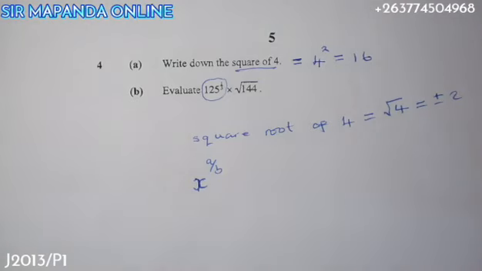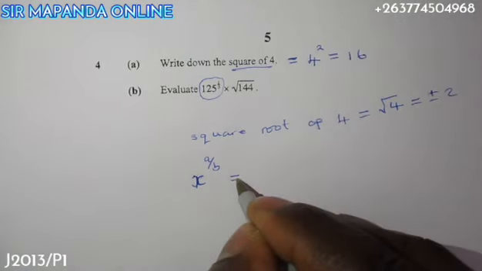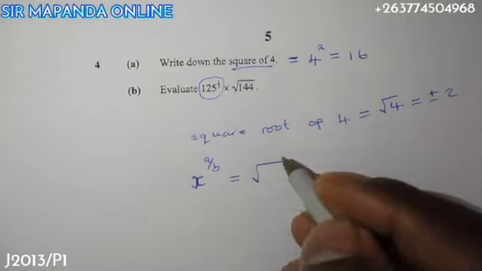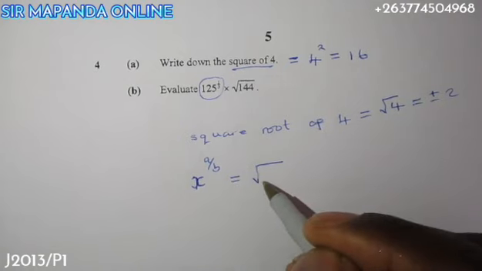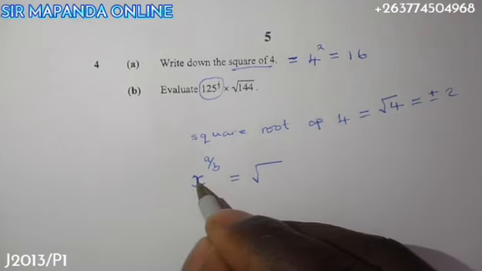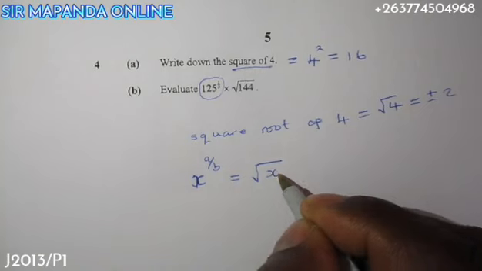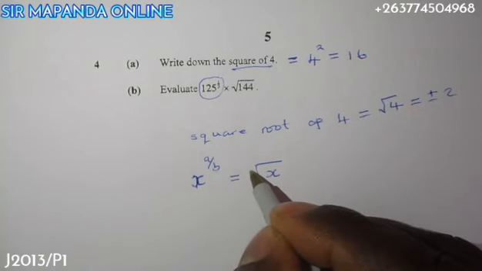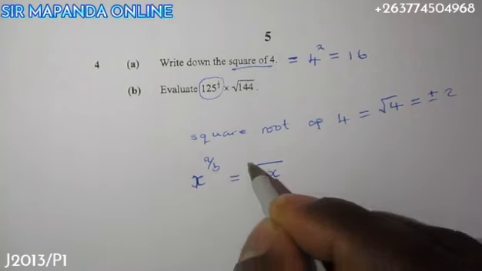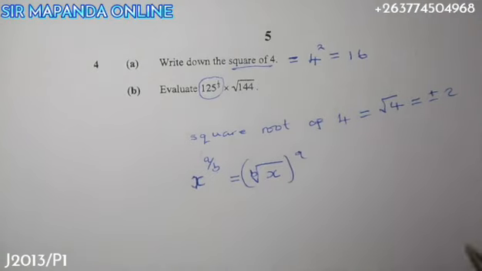Whenever you see a fractional power, it means there is a root sign. So what you need to do, you put a root sign. Then put x inside the root sign. The denominator b is placed at this corner, right? Then you raise everything by a. So I'm going to apply that concept.